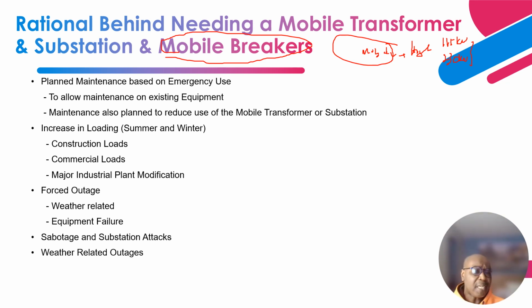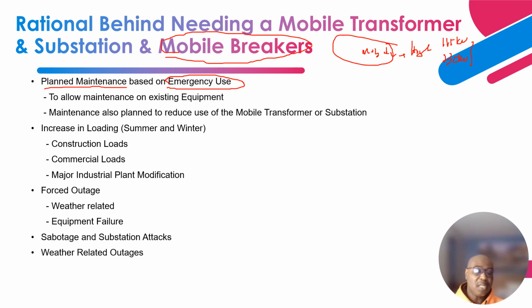So now let's take a deep dive into the rationale behind needing a mobile transformer. If you have a planned maintenance coming up, sometimes the maintenance unit or the asset management group utilize it for emergency purposes, and that is through planned maintenance.